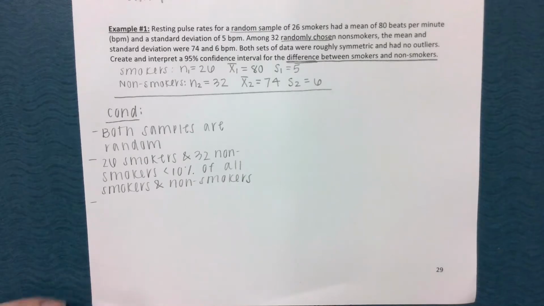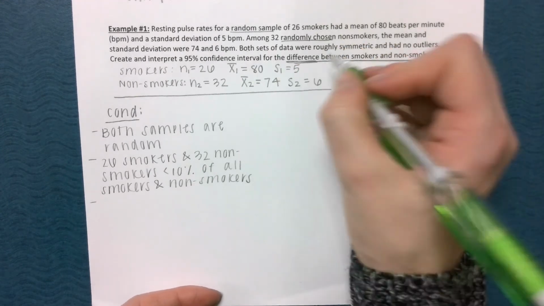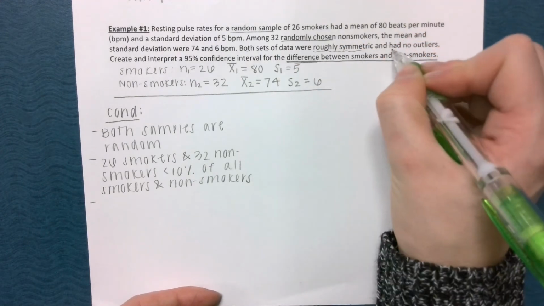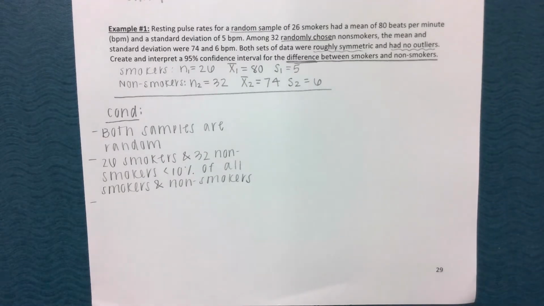Third condition is making sure that both of our samples are normal. Now they didn't give me the data here, so I cannot make a histogram or a normal probability plot, but they do give me some information about what these distributions look like. They're telling me that both sets of data were roughly symmetric and had no outliers. So I'm assuming that roughly symmetric and no outliers is telling me that they should be nearly normal.